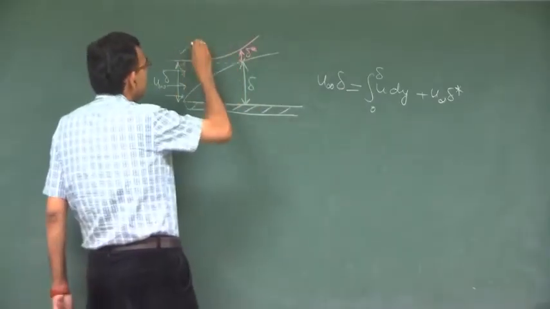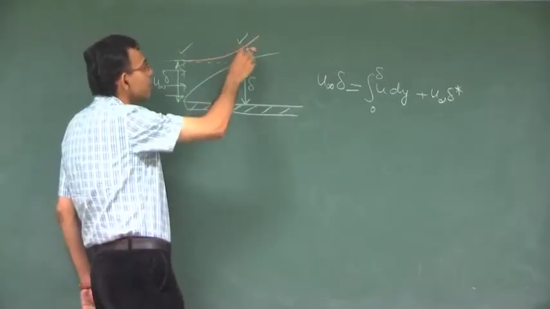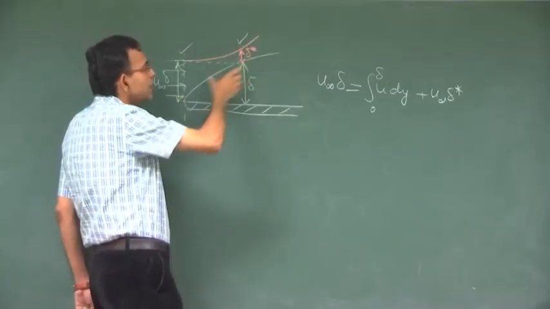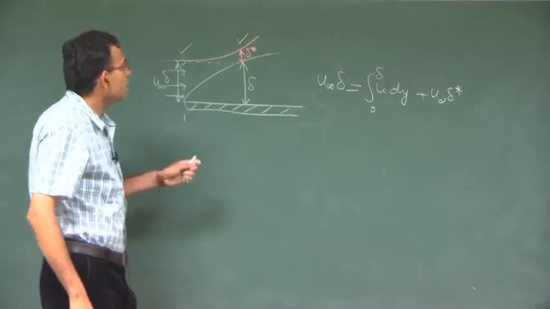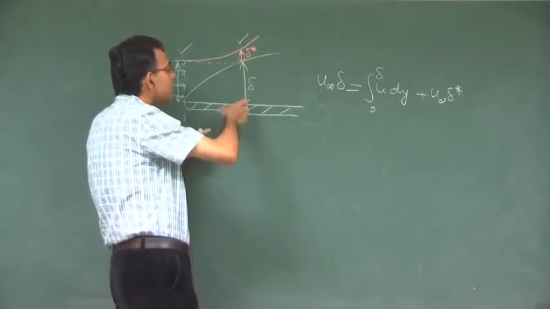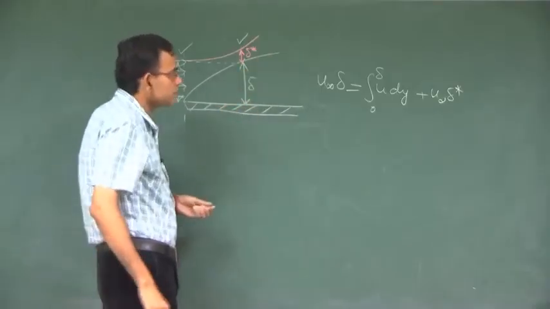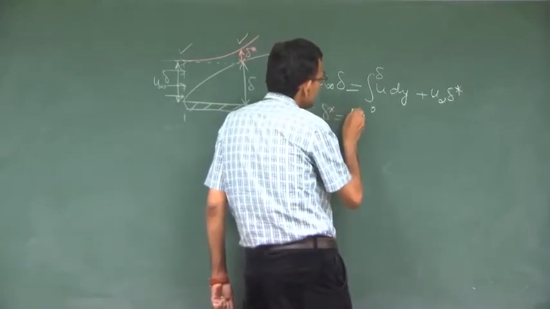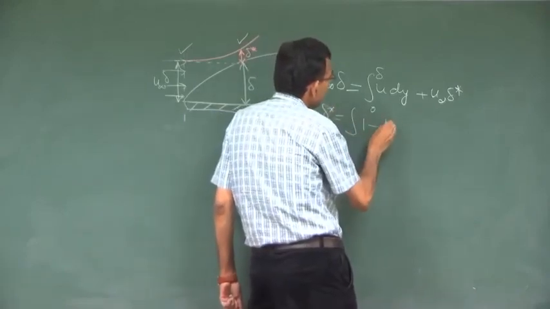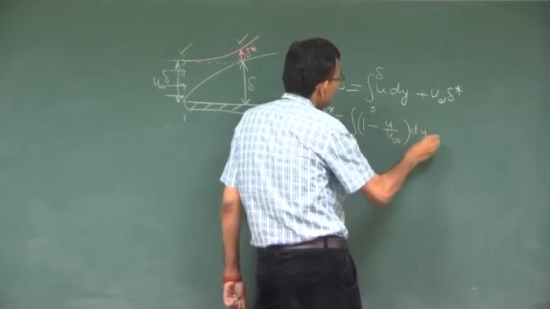The flow rate at this section is the same as the flow rate at this section, including the streamline of course. Within the boundary layer the flow rate is not conserved because the boundary layer is arresting the velocity. So, here also you get delta star is equal to the integral of 1 minus u by u infinity dy from 0 to delta.